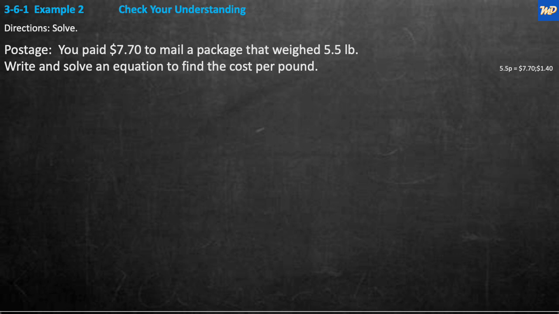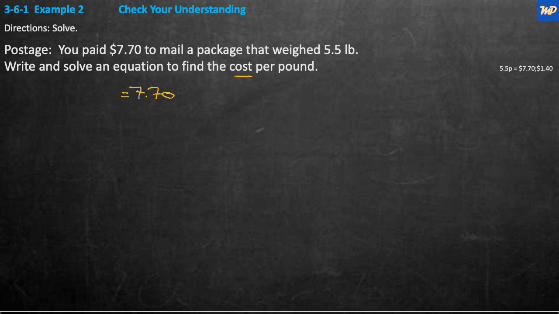Now that you've done that, let's take a look. We know the total price is $7.70. The price is equal to the number of pounds times the price per pound. They want us to find the cost per pound, so let C be the cost per pound.